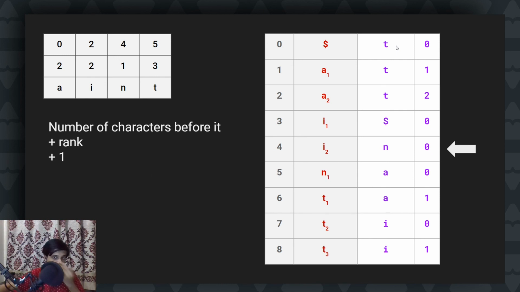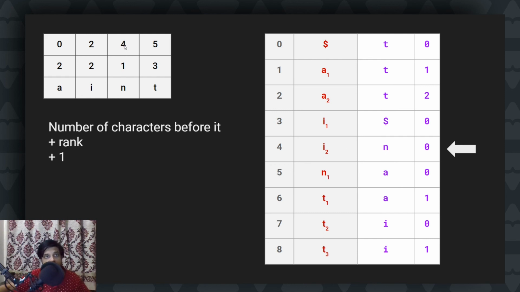Let's say this one, I2 and 0, right? So the first column should have I2, but here we only have the last column, right? In the naive algorithm that I showed you before, we will search for n here, and then we will get a here, and we will understand that a precedes n in the original string. But we don't have the first column here, so we will use our dear small formula.